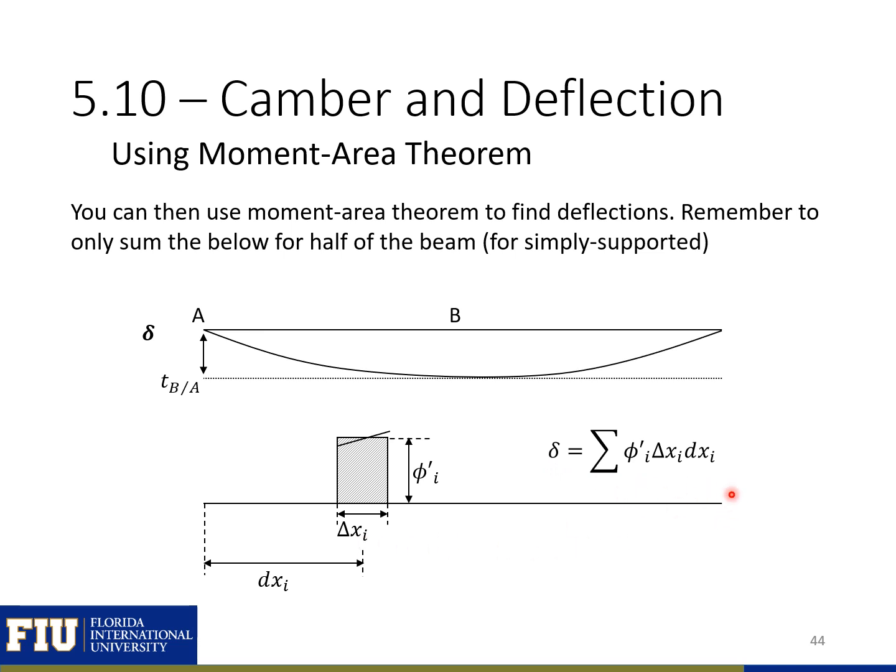So x_i is the distance from the left edge to the center of the point of the discretization. Delta x_i is the thickness of that discretization, and then this phi_i is the average curvature of that discretization there.